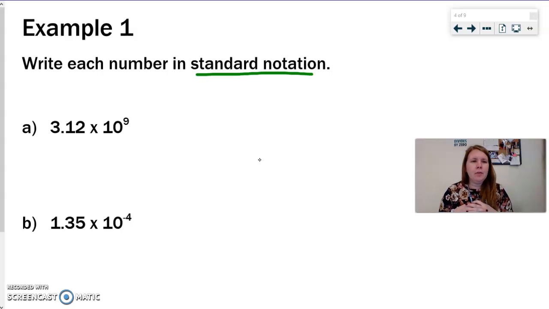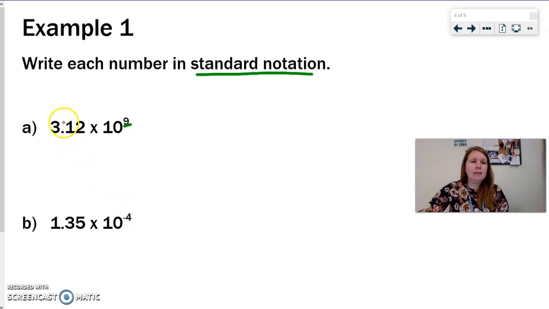First off, I'm going to look at A. A is written in scientific notation because I have a number that's between 1 and 10. This number is 3.12, and it's okay that it has decimals. Then I have it times 10 to a power, and this power is 9. Noticing that my power is positive tells me how to rewrite this in standard notation.